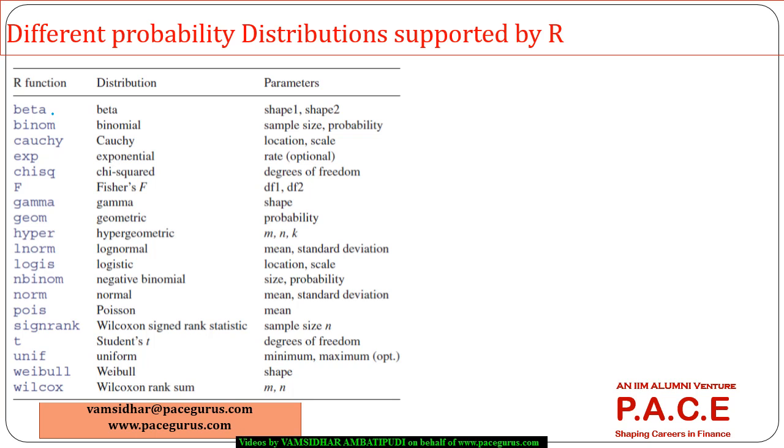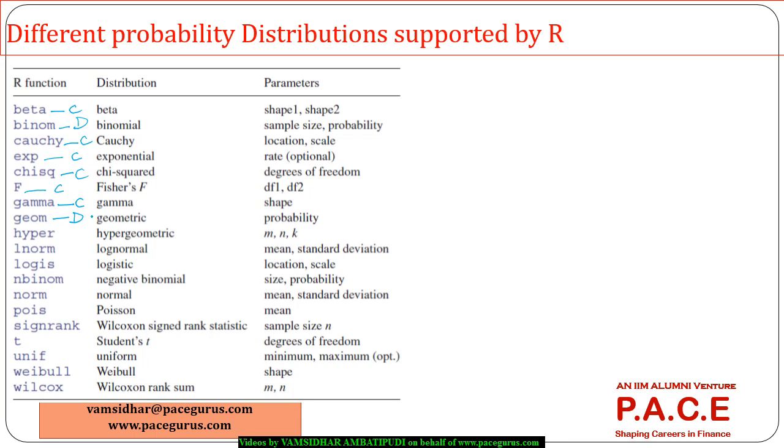So you find beta is continuous, binom is discrete, which we are going to take up in this session. Cauchy is continuous. The continuous ones I'll deal with in a separate session called continuous probability distributions. So in this session I'm only looking at discrete probability distributions.